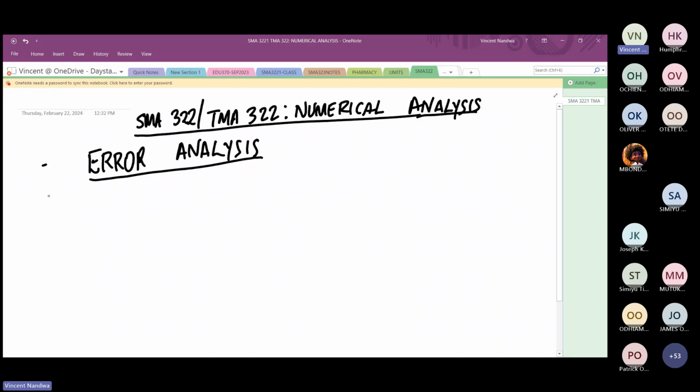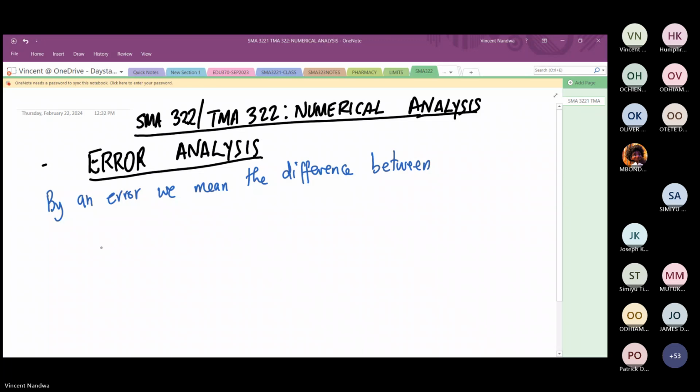So we say by an error, we mean the difference between the true value, so true is also what we call exact value, and the approximate value.